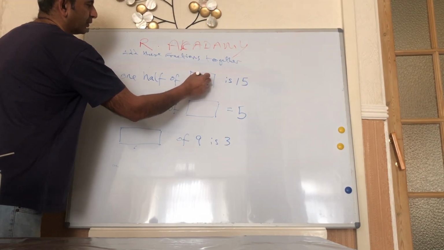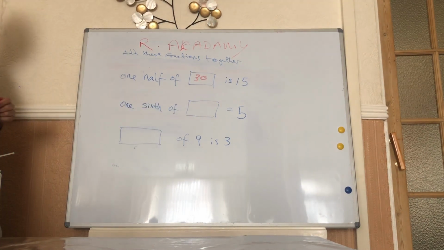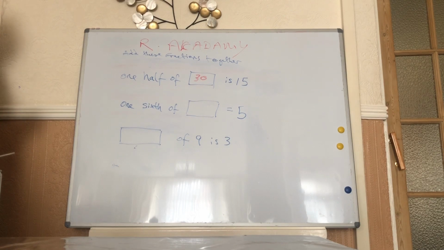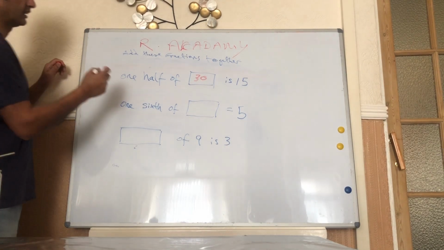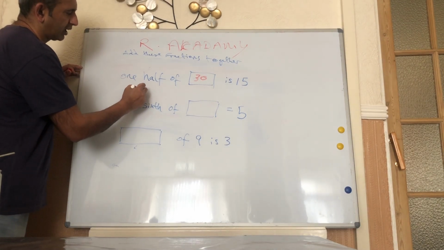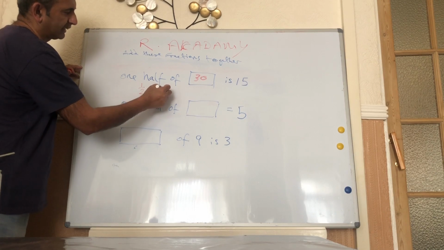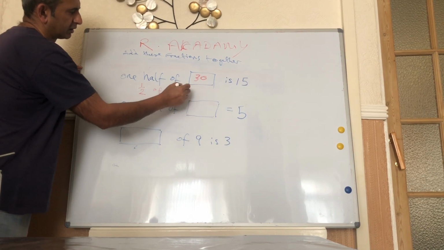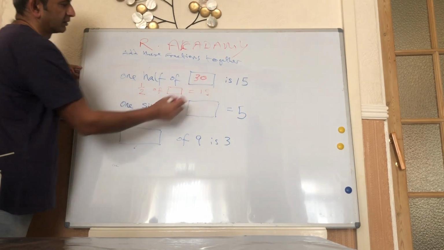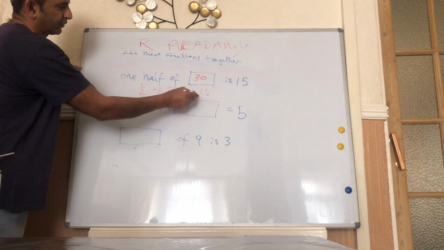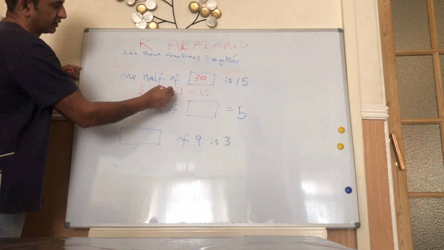So the answer would be 30. Or you could rewrite it like this: 1/2 of blank equals 15, then it's 2 times 15 equals 30.